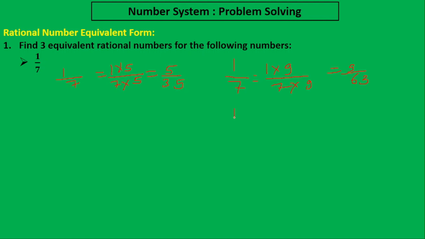For 1 by 7, multiply the top by minus 4, and the bottom also by minus 4, the same number. That becomes minus 4 by minus 28. Remember, we should not multiply by 0 to the denominator and numerator, because the denominator can't be 0. Similarly for 10 by 9, you need to find equivalents: multiply something to the top, the same thing to the bottom, but not 0.